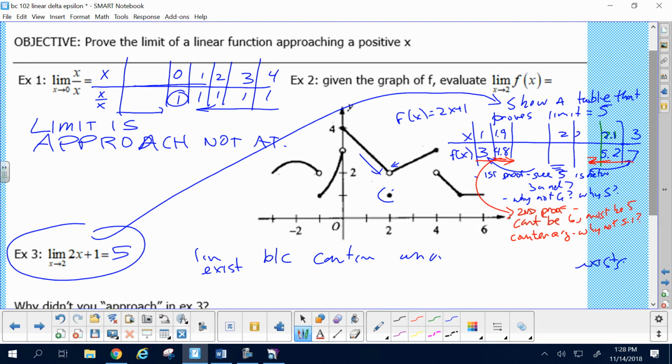How about 2.01? If you take 2.01, then what's 2 times 2.01? 4.02 plus 1, 5.02. And if you took the corresponding 1.99 on the other side, that is 4.98, I think. Okay, I'll go with 4.98.